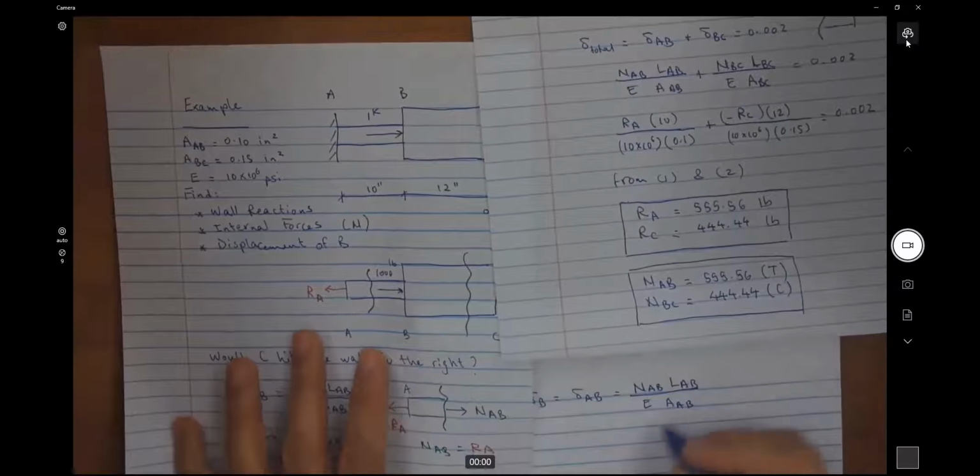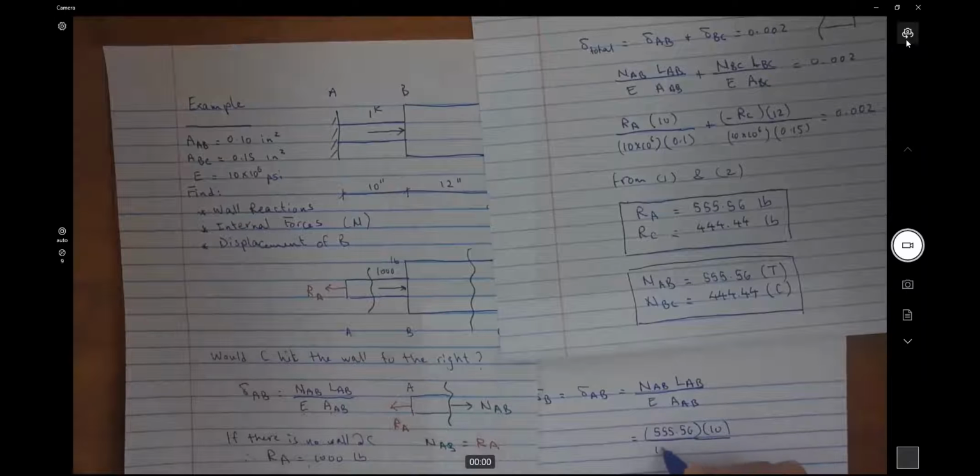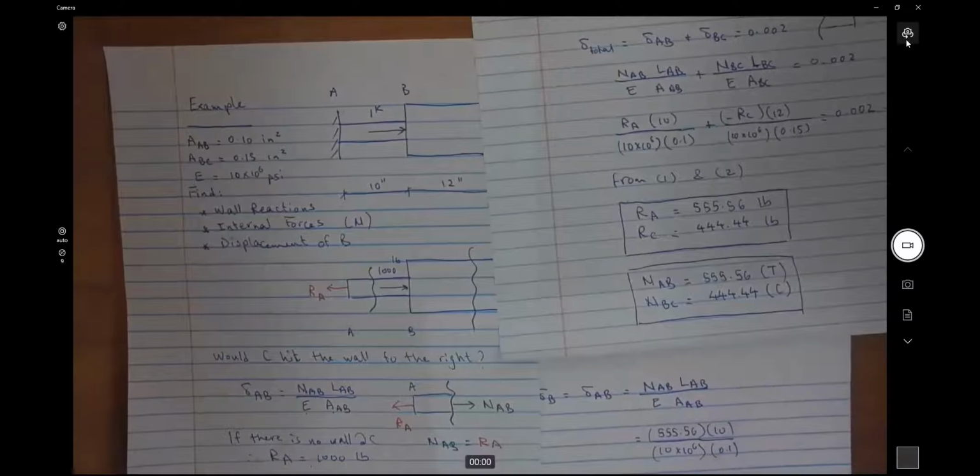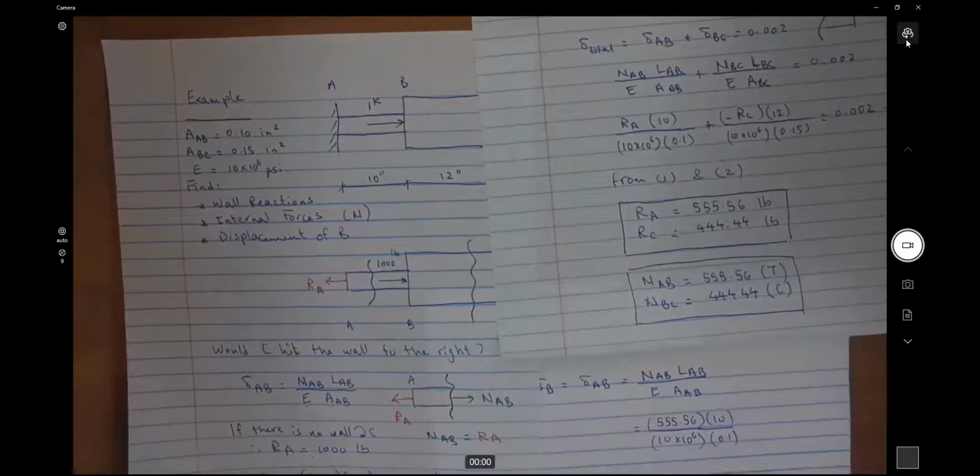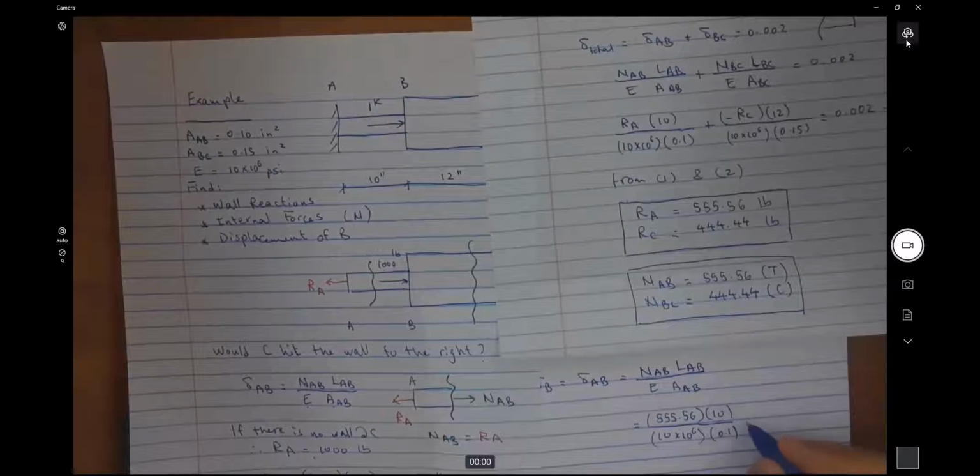So when I substitute here, I will have this 555.56 multiplied by 10 divided by 10 times 10 to the power 6 divided by 0.1. This is equal to 0.00555 inches.